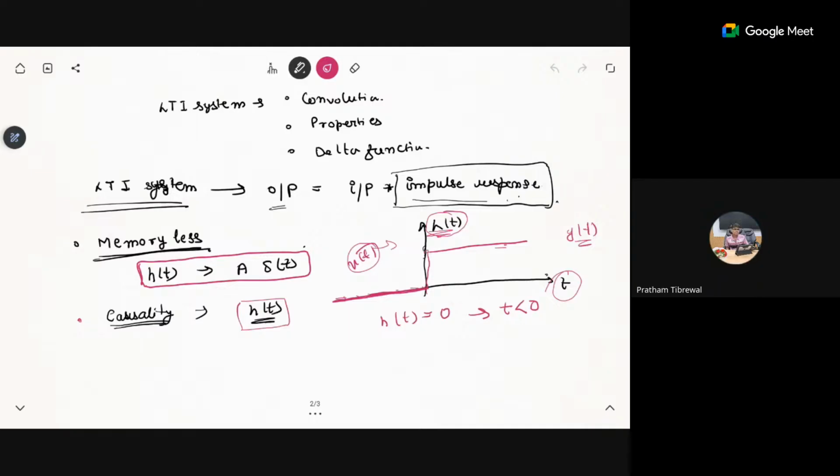If a system has all zero values there, then it's clearly a causal system. For memoryless, it's even easier. You just have to check whether it's a delta function or not. That's it. It can have some constant for sure, but it should be a delta function.